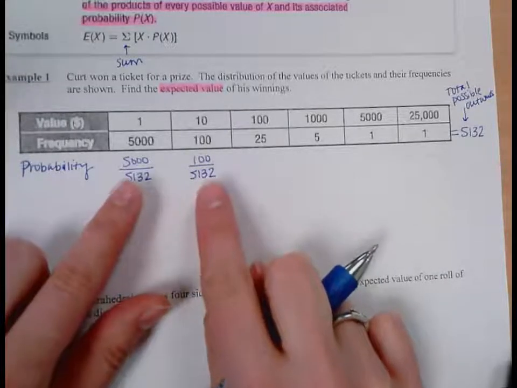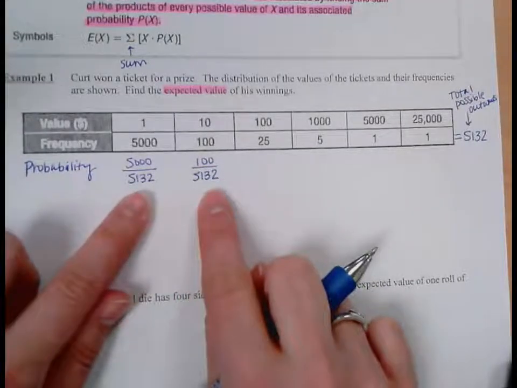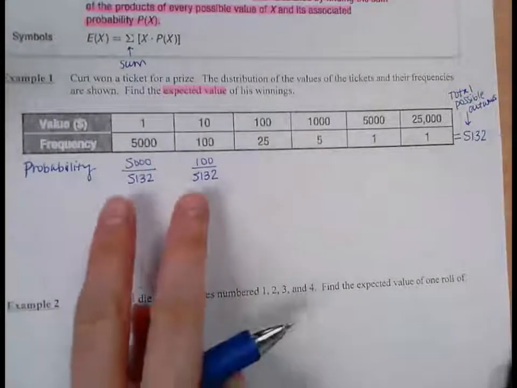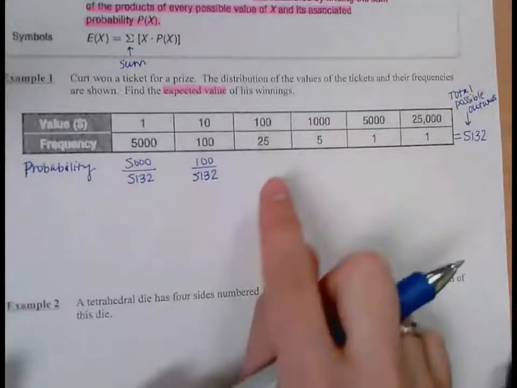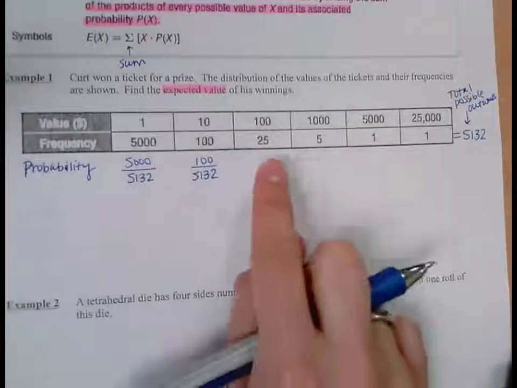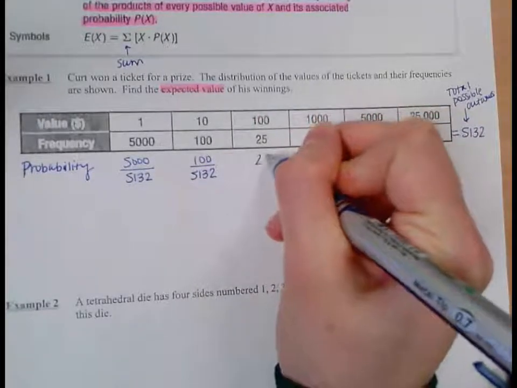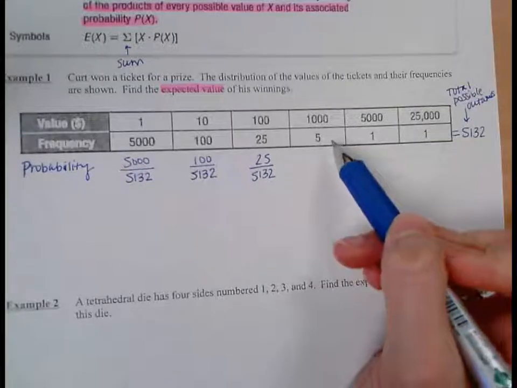You can leave them because we're just going to be using them in a separate calculation. This isn't part of our final answer. So the table itself was part of your answer in the previous lesson, which is why I wanted you to simplify them. Here it's fine if you don't simplify in this step, just as long as your answer is in simplest form. And then the probability of winning $100 would be 25 out of 5,132, and then so on.